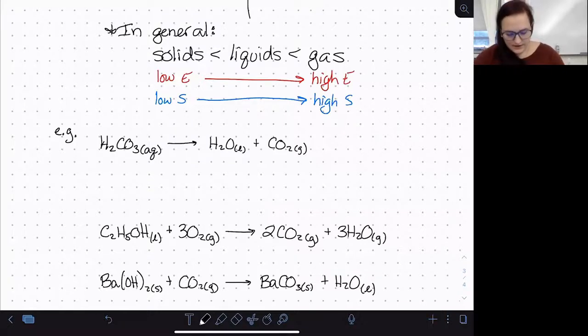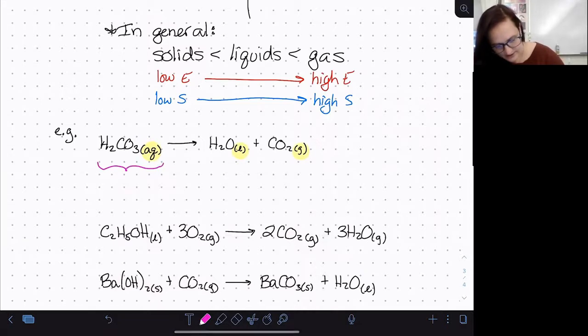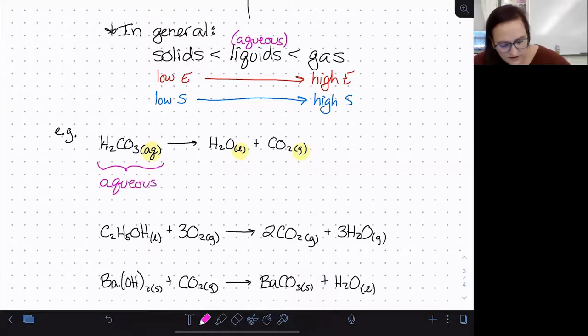So in an example like this, we can look at the states of matter listed and figure out, does it seem like we're generally increasing in energy of our states of matter, or are we decreasing in energy? So aqueous is pretty much the same as liquid. Since water is a liquid, those two things are pretty much equivalent in entropy. So we're going from something that is aqueous here to a liquid and a gas.